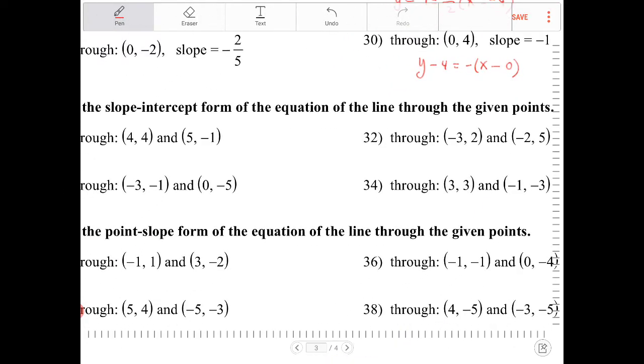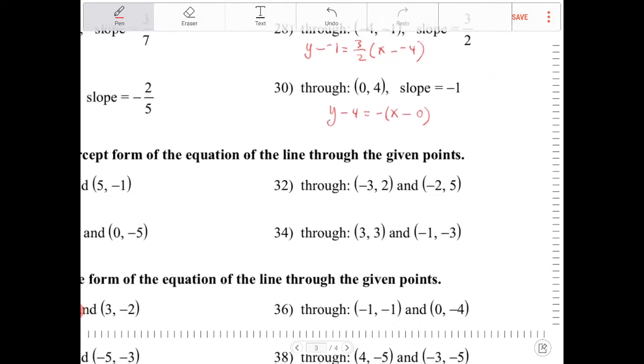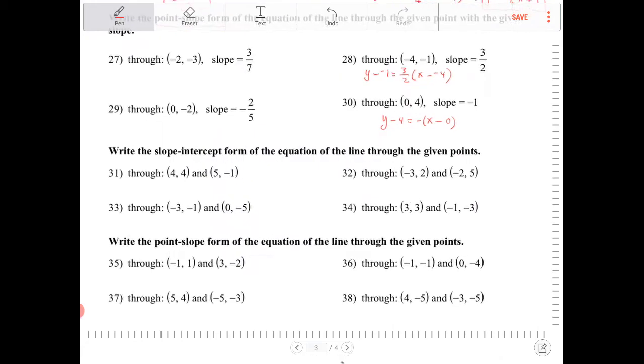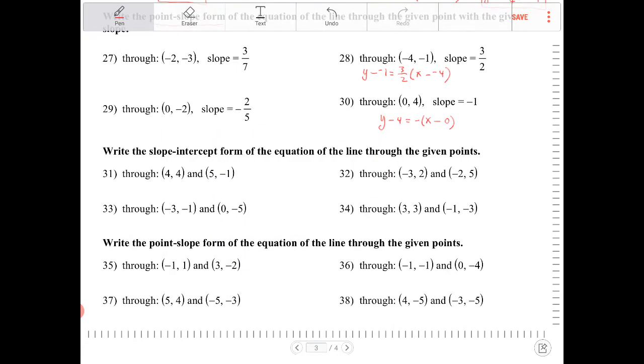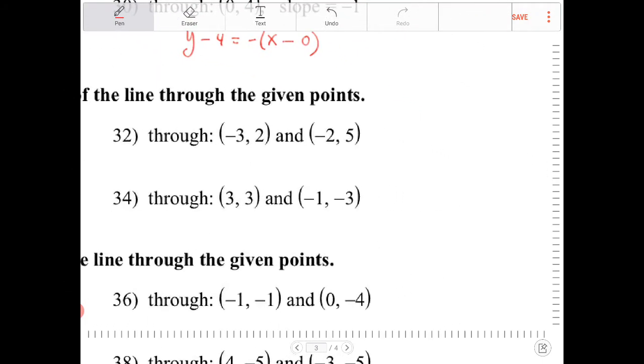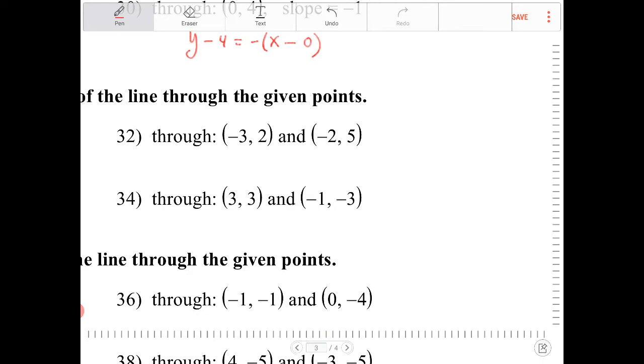All right, next batch. We're going to write the slope-intercept form of the equation of a line through the given 2 points. So let's take a look at these two here. I'm going to write the equation of a line passing through -3, 2 and -2, 5. So first off, we need a slope.